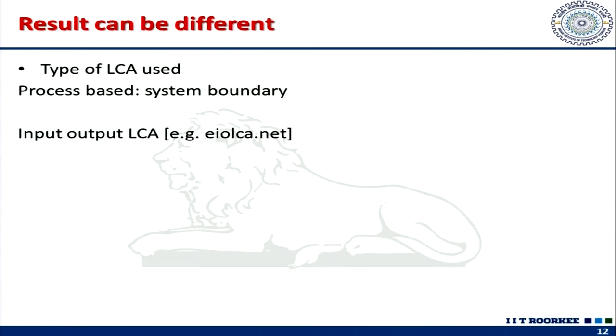Next, variability can be introduced in the LCA because, as I told you before, of the system boundary. To some extent you can gauge this variability, because nowadays new regulations or recommendations are coming in, and they are talking about the tier approach. Tier approach means tier 1, tier 2, tier 3, and they already specify which processes you should include in tier 1, which processes you take into tier 2, and which into tier 3.